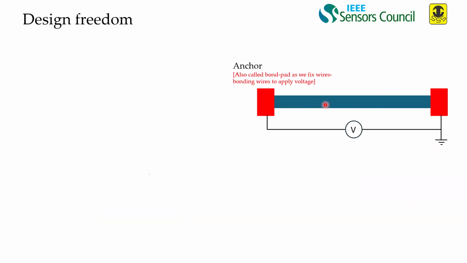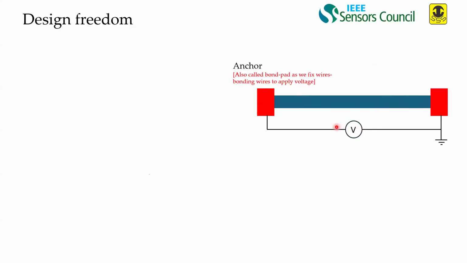Let's say the blue part is my geometry, and these are two pads. They are also known as bond pads, as we fix bonding wires to them to apply a voltage. So this is how your design looks. What will happen if I apply a voltage to this?